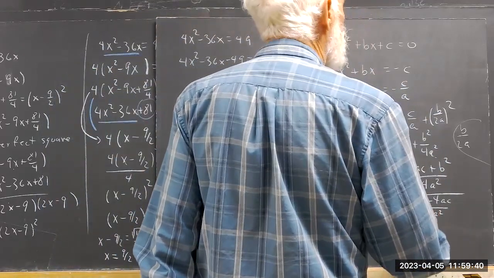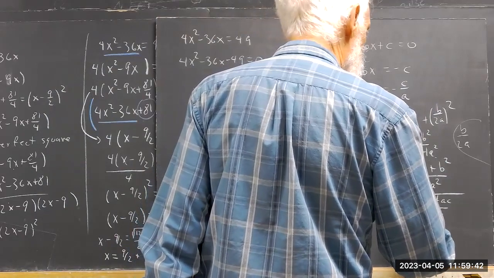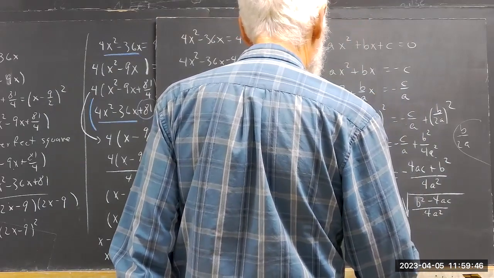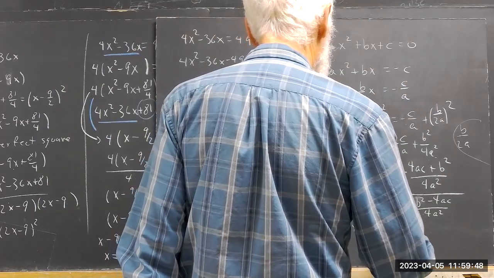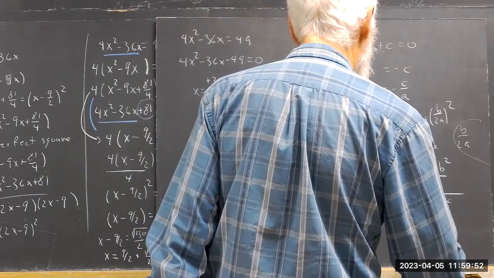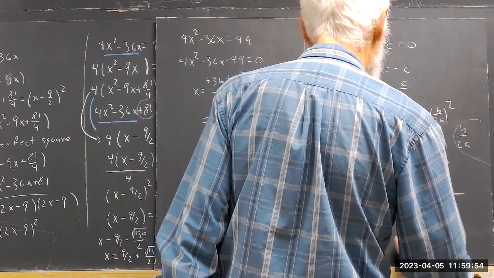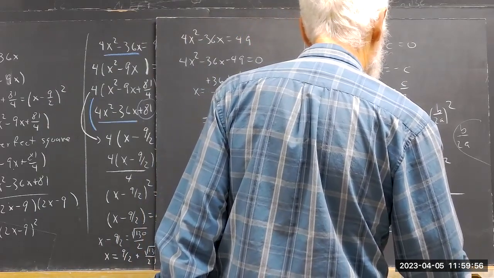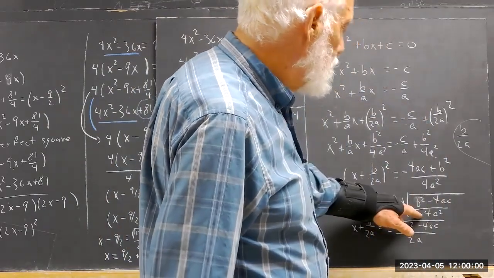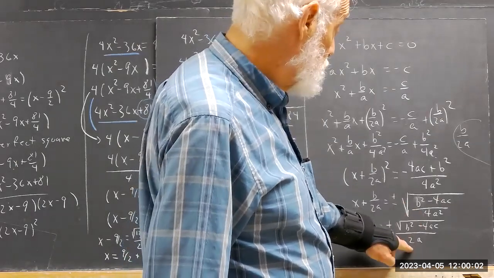Now, of course, we take the square root of both numerator and denominator. And the square root of the denominator, 4a squared, is just 2a.